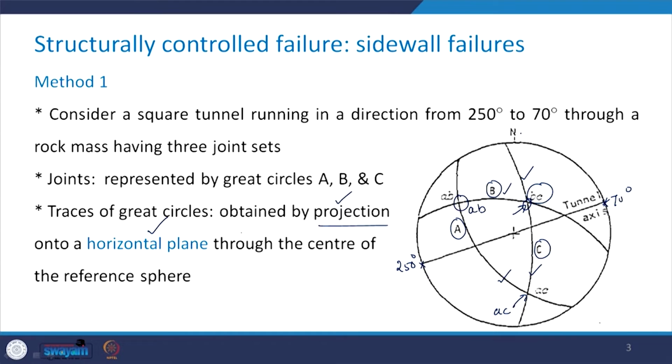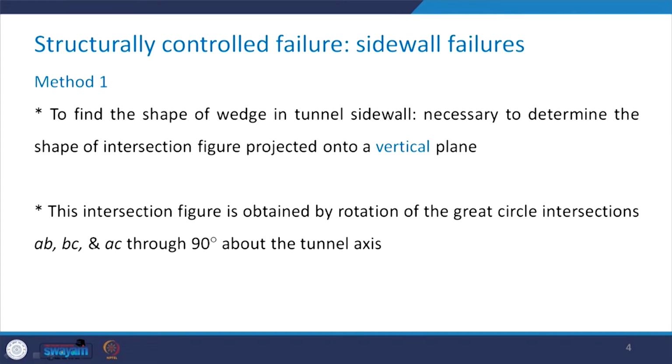Since these traces are obtained by projection onto a horizontal plane through the center of the reference sphere, in order to find the shape of the wedge in the tunnel side wall, it is necessary to determine the shape of the intersection figure projected onto a vertical plane.